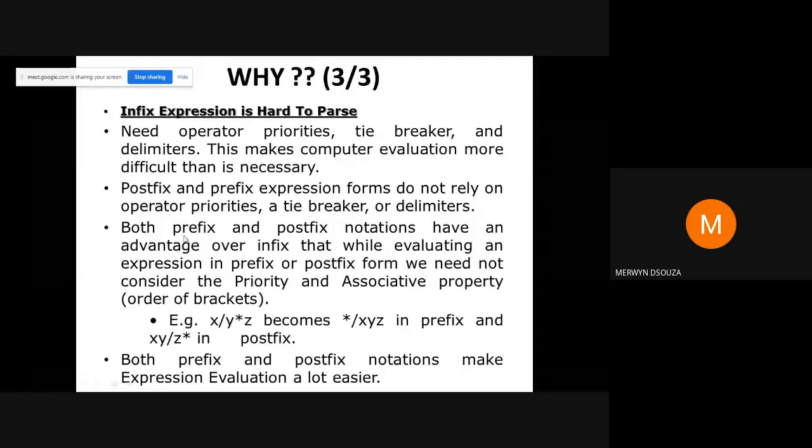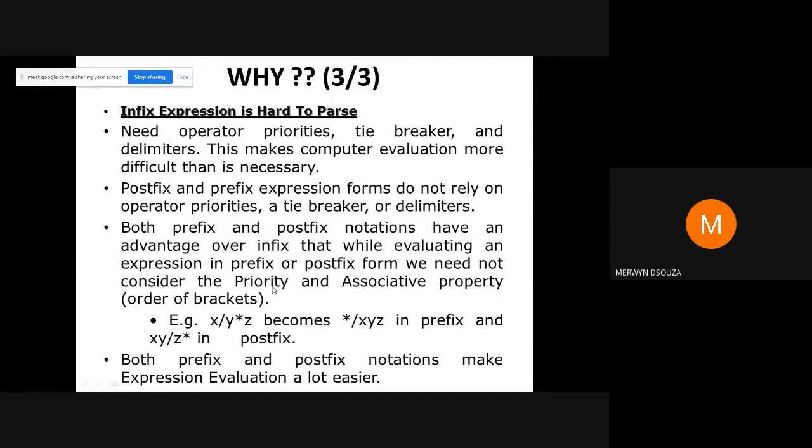I'll read it for you. Both prefix and postfix notations have an advantage over infix: while evaluating an expression in prefix or postfix, we do not consider the priority and associative property. This is very important.